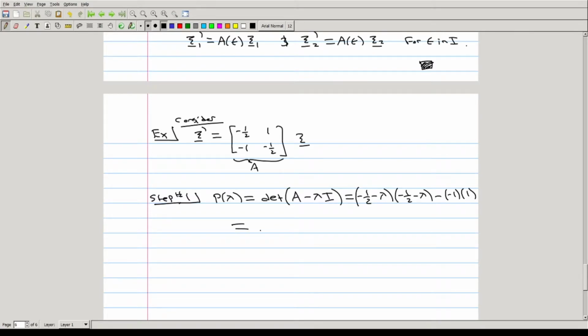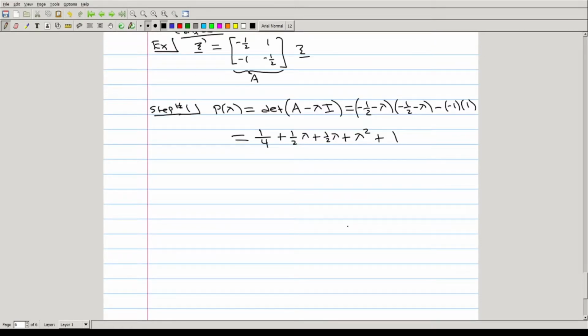Which results in the characteristic polynomial being 1/4, which is -1/2 times -1/2, plus 1/2 times lambda, plus 1/2 times lambda, plus lambda squared, plus 1. Which is the quadratic polynomial lambda squared plus lambda plus 5/4.